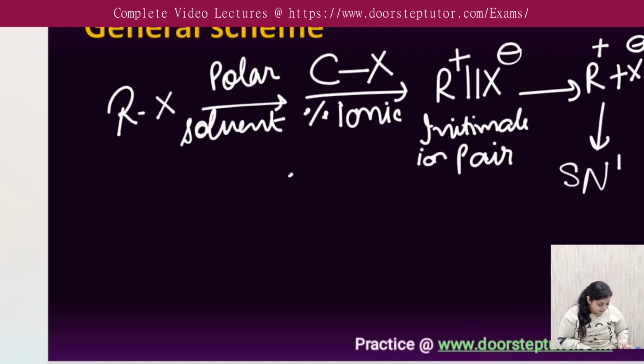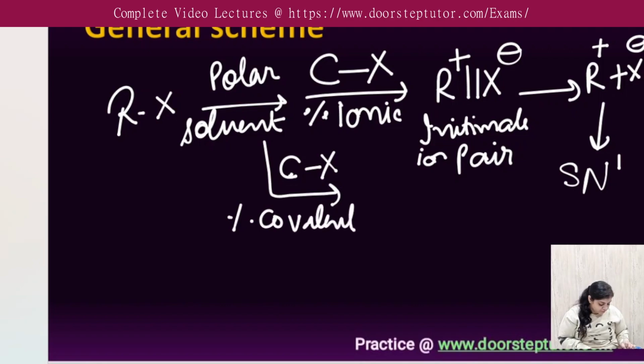Okay, and the other possibility is when your carbon and halogen bond is there and the percentage covalent character is more. In this case we get the formation of the RX bond with partial signs over it, that is delta positive and delta negative.